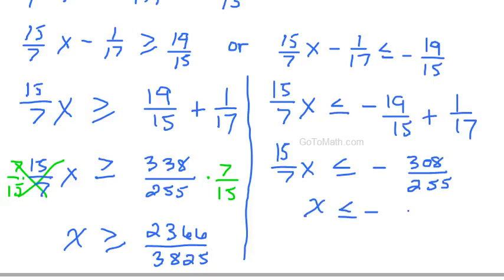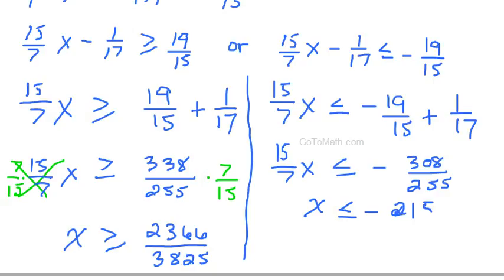Less than or equal to negative 308 times 7, some big number, divided by 255 times 15.